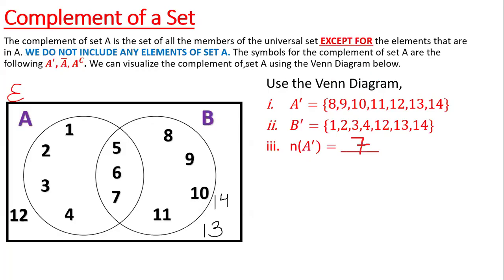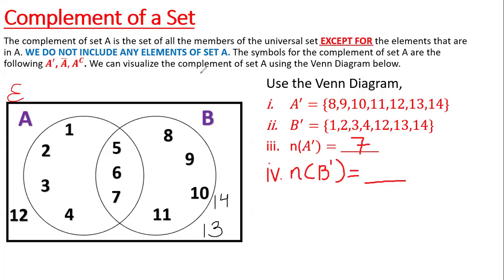So the next question, let's keep it red, question number 4. We want the number of elements in the complement of B. What is going to be the number of elements in the complement of B? 7.